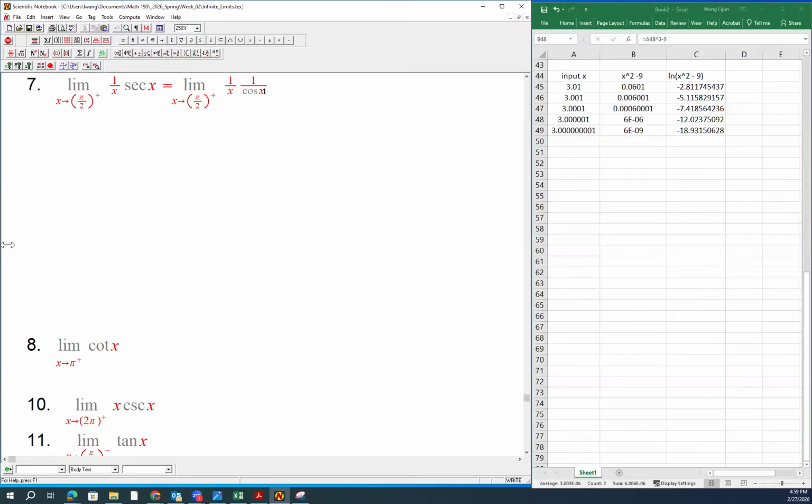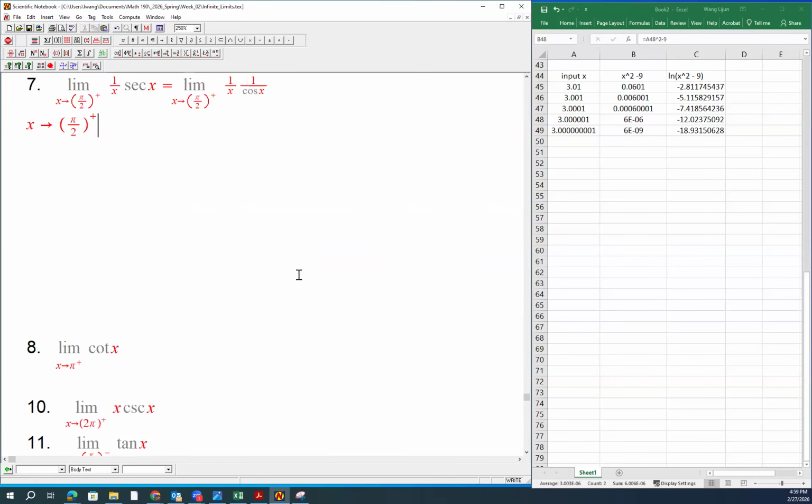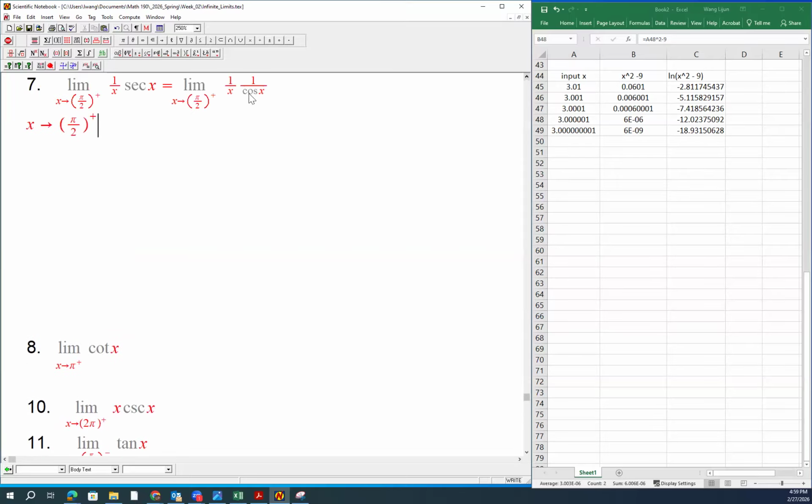As x approaches pi over 2 from larger than pi over 2. Let me double check if I copied the question correctly. Right here, that's right. If x is approaching pi over 2 from larger than pi over 2, what will happen to 1 over x? 1 over x is going to be approaching a finite number, which is 2 over pi.